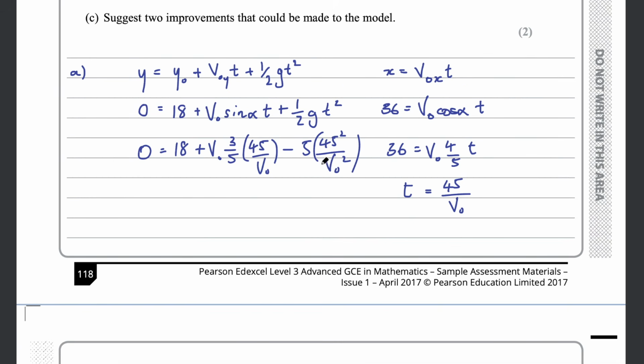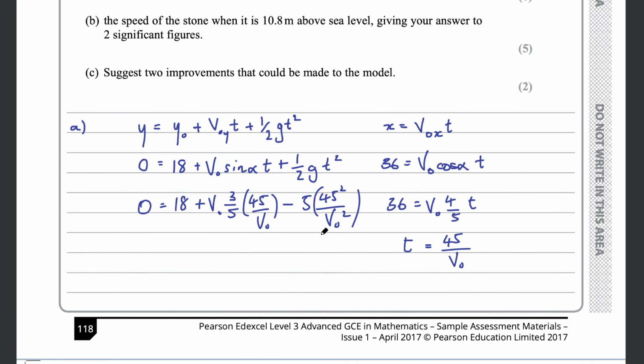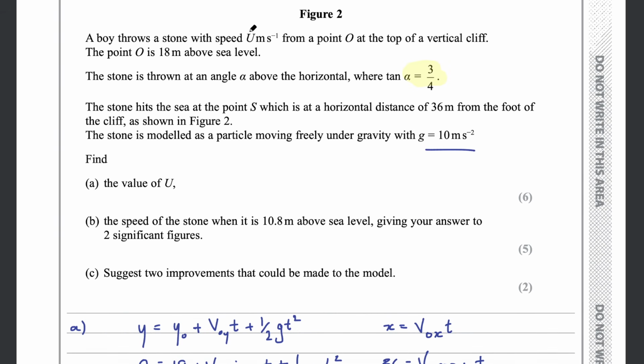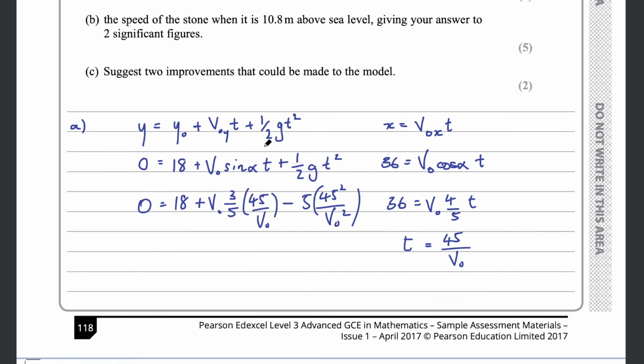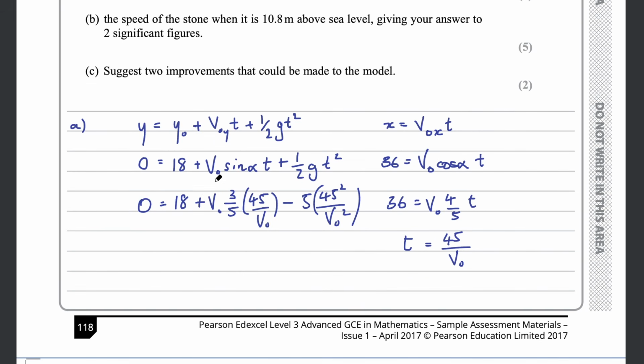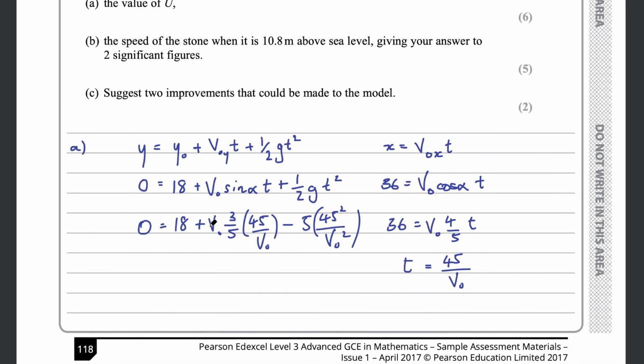All right, looking good. Now we have an equation with only one unknown, and we're going to be able to solve this for V0, or in the case of this question, we need to call this initial speed U. So let's go ahead and keep simplifying this. Now, in this part here, you'll notice we have this initial speed V0 on the top line and on the bottom line.